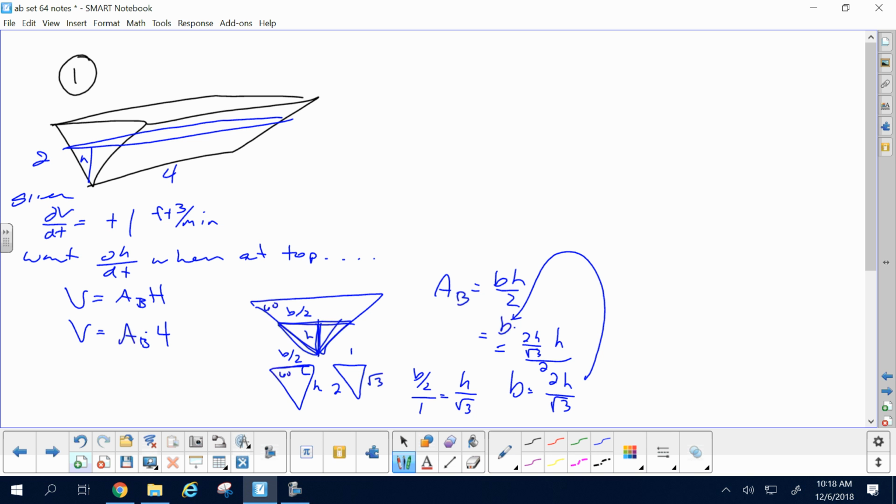So at the end of the day, area of the base is this ugly height squared over root 3. You follow? Therefore, you could say something like this. The volume is height squared times 4 over root 3. Now you can do the calculus. dV/dt is cha-cha-cha.